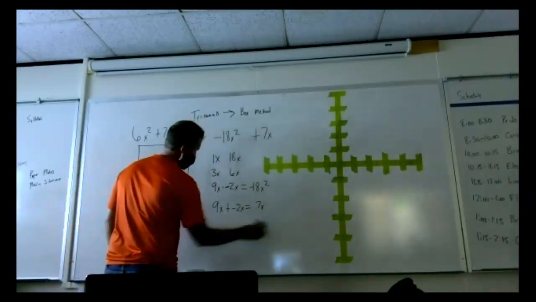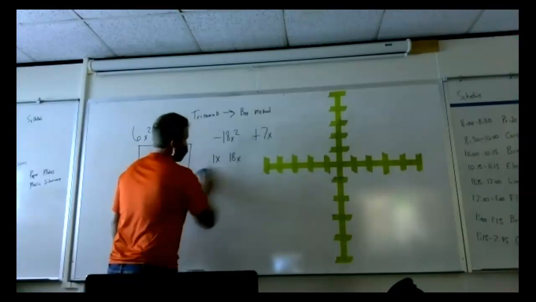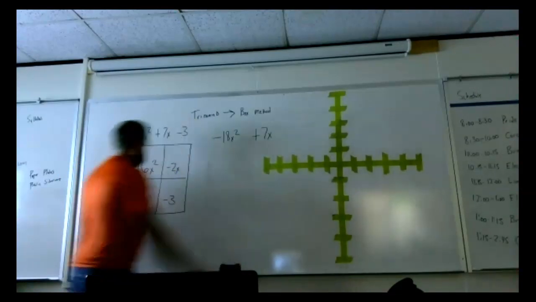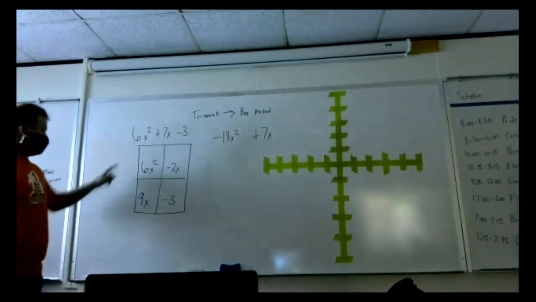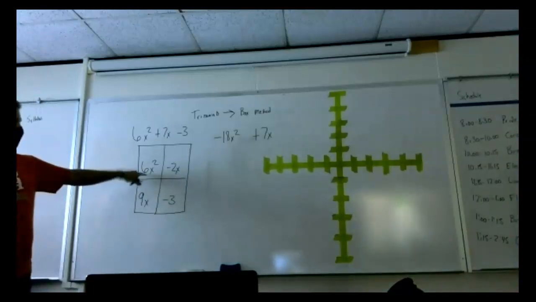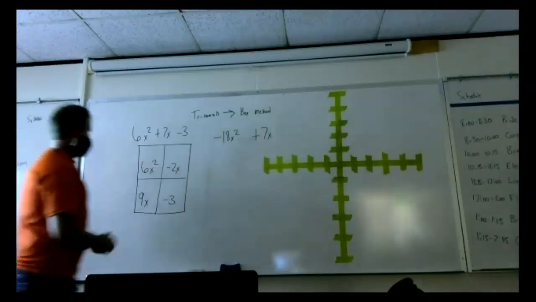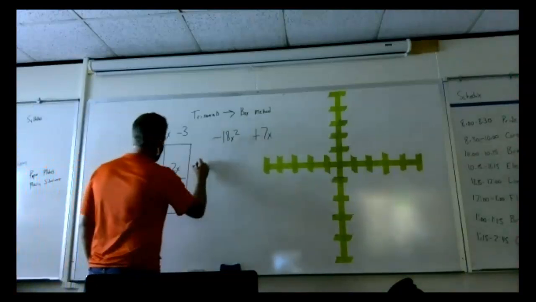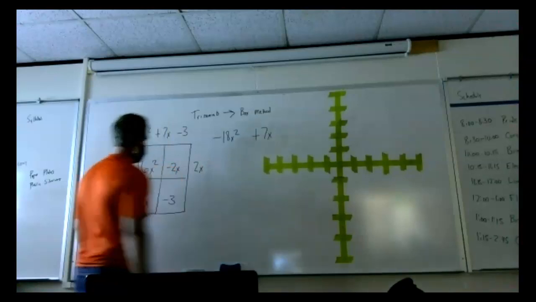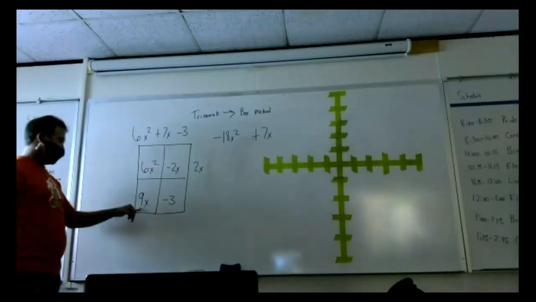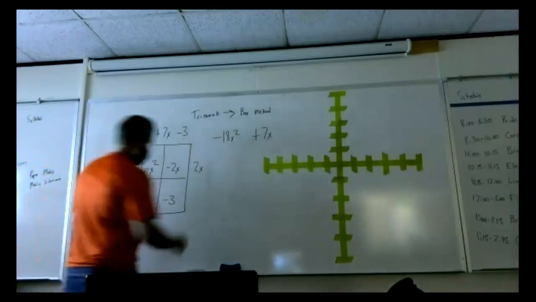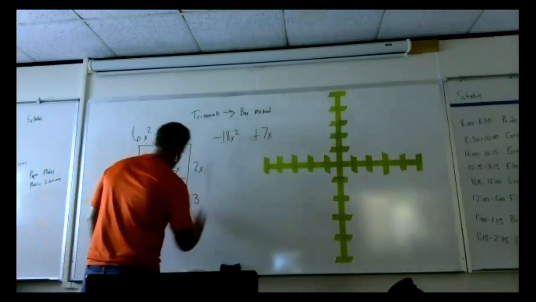Okay, and now at this point, it's time to factor out the greatest common factor from the rows and the columns again. So working row 1, I have 6x squared and a negative 2x, and I want my x value to be positive, so I can factor out a 2x. Working on the bottom, I have 9x and a 3, so I can factor out a 3 there.